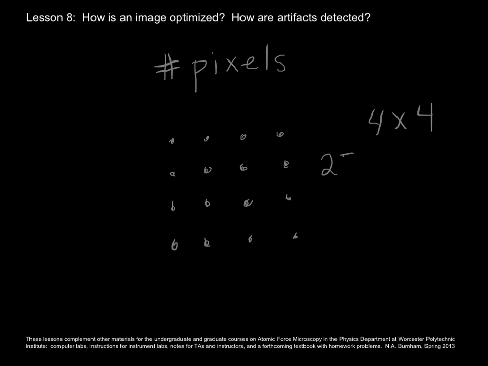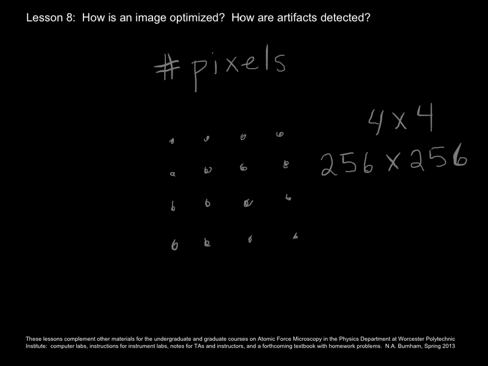A more typical size is 256 by 256. That is 65,536 points. That's a reasonable size for making a postcard or putting an image into a report. The file sizes are small, doesn't slow the instrument down too much, but of course it's not great resolution.